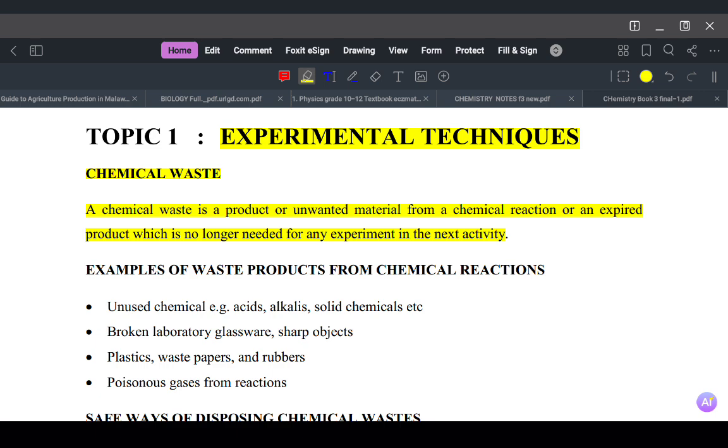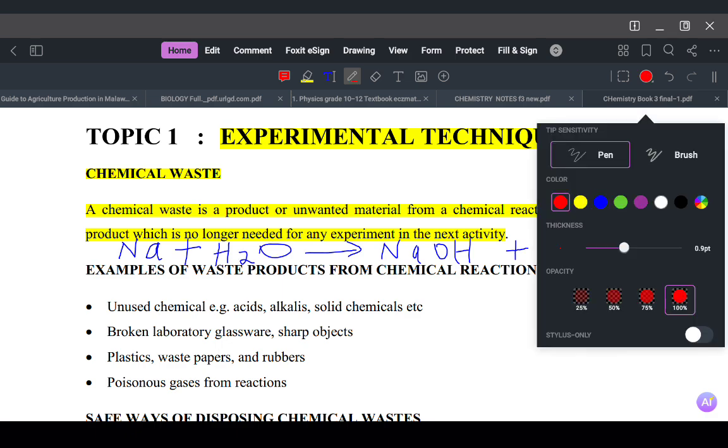In the next activity, let's suppose that you are carrying out a chemical reaction in which you are reacting a metal such as sodium with water to form a product such as sodium hydroxide and hydrogen gas. In this case, the product is sodium hydroxide, NaOH.